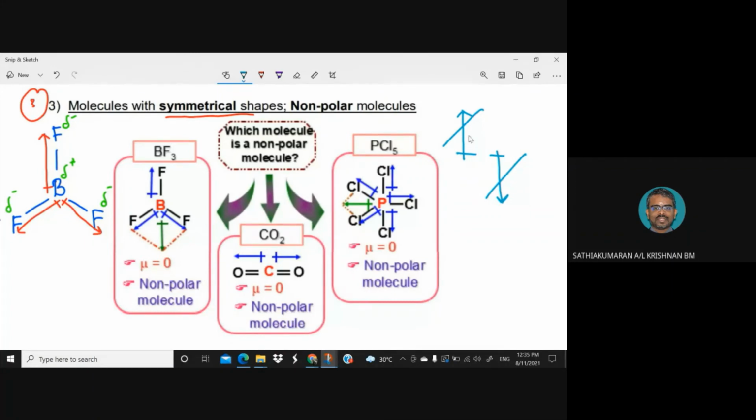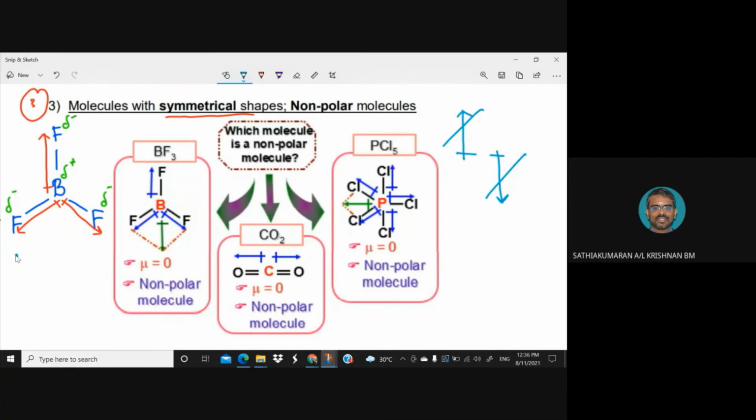You can see here, one going up, one going down, facing down. So these two bond dipoles can cancel out each other. This one still can cancel out with the other because of opposite direction.